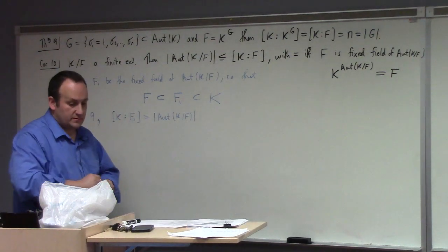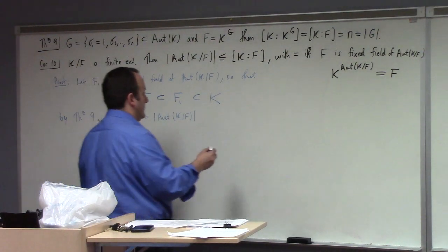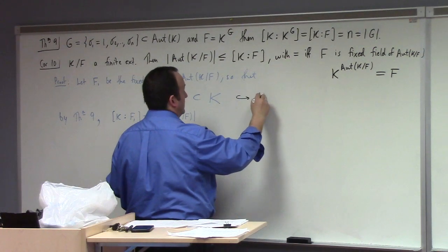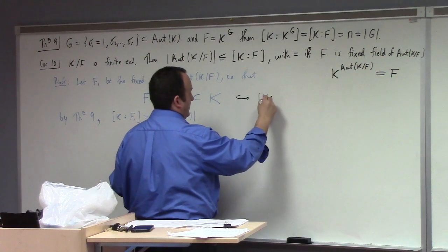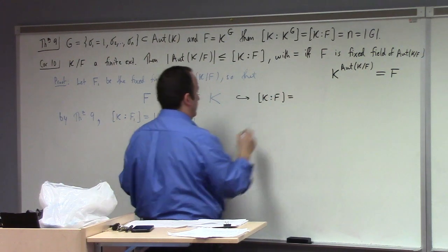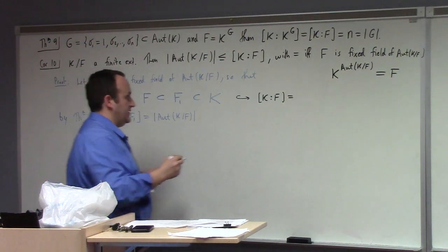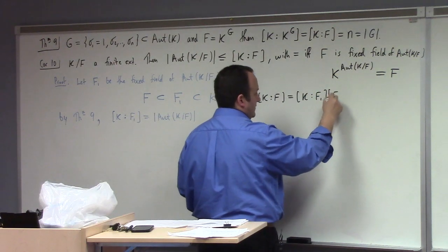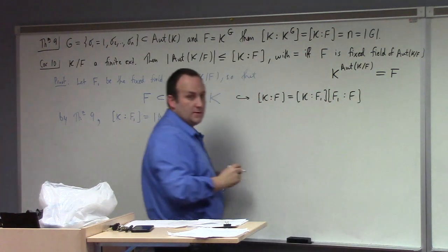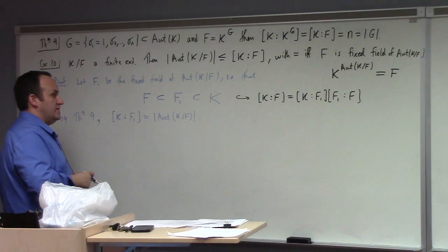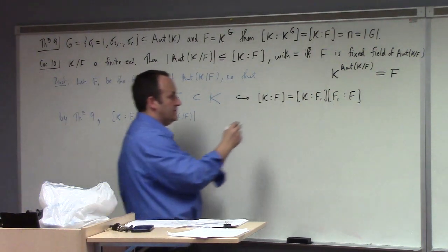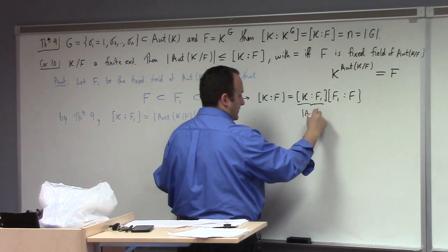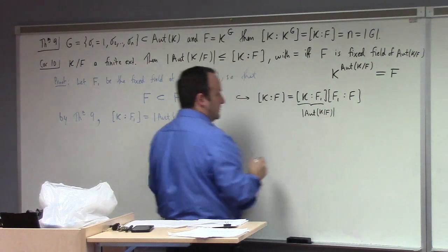But then what else do we have here? What's this say? This says that we can look at the degree of K over F as what? The product of the degree of K over F1 and F1 over F, right? So if this one right here is order Aut K over F, right?